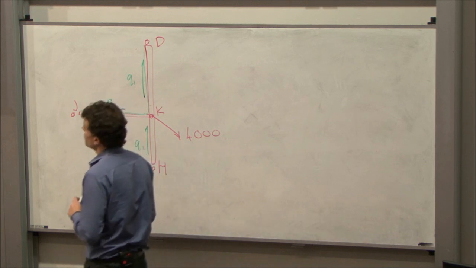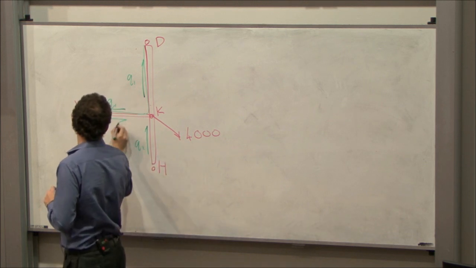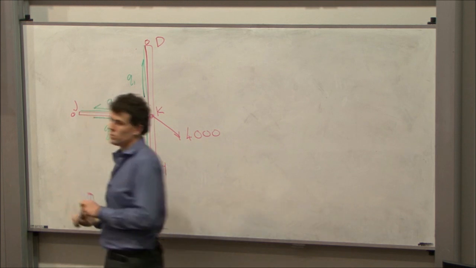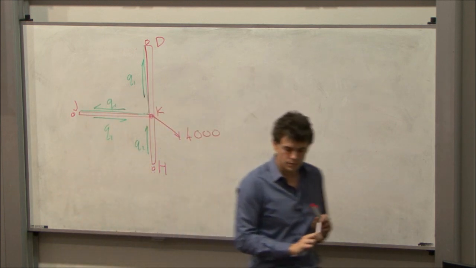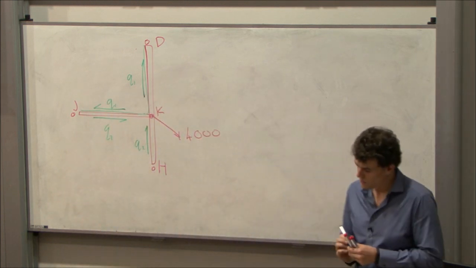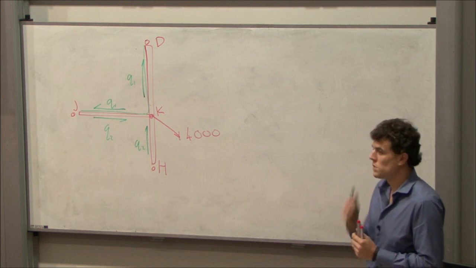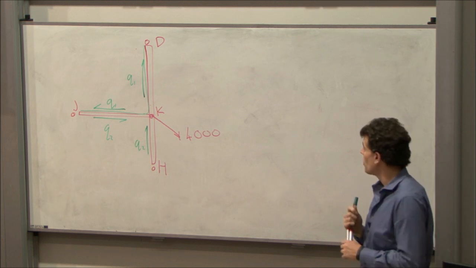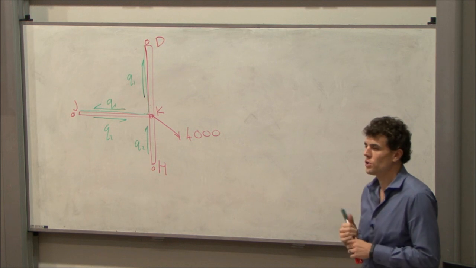We've got Q2 acting on that wall. And Q2 acting on that wall. Now, has anyone got any queries about the direction that I've chosen for those?